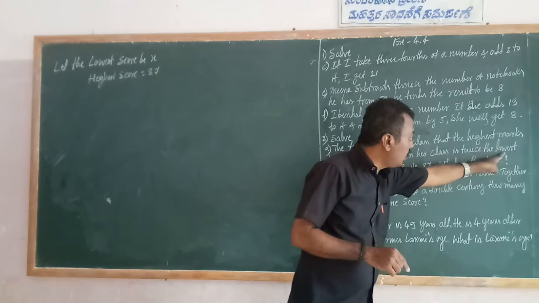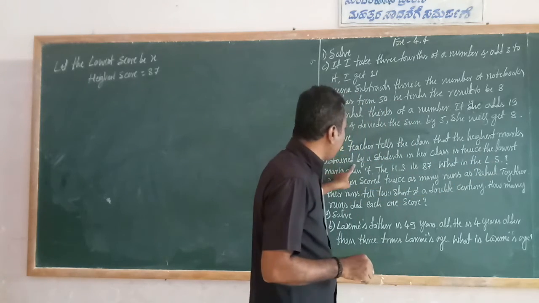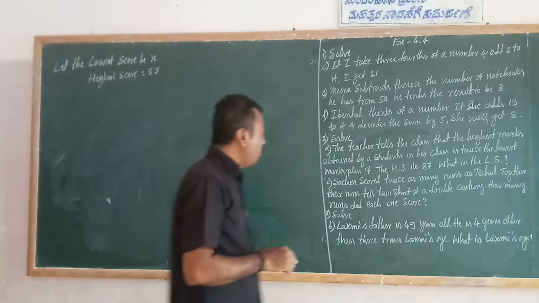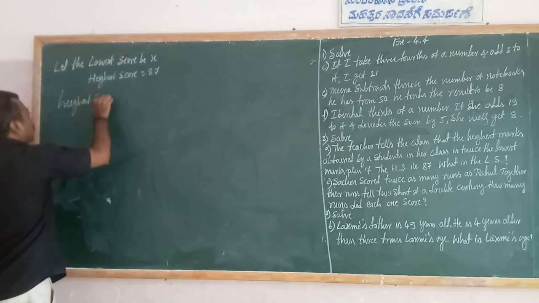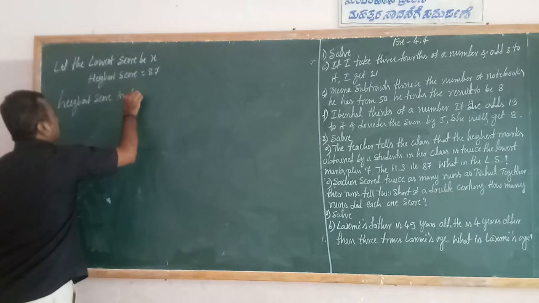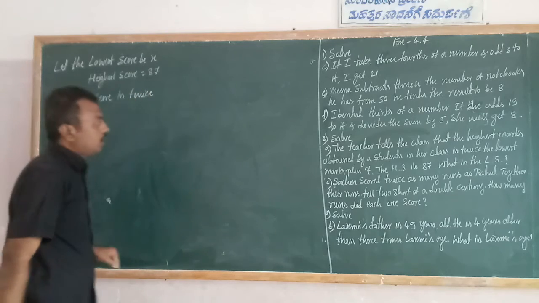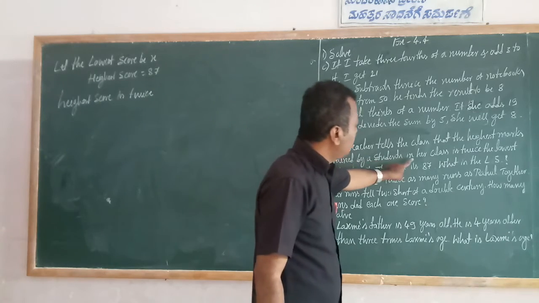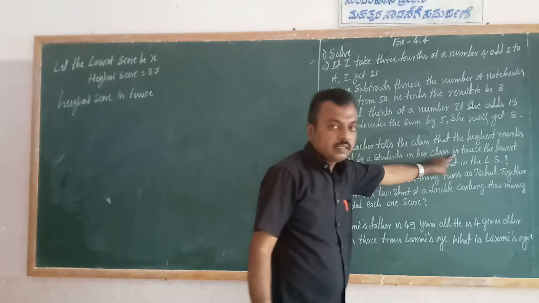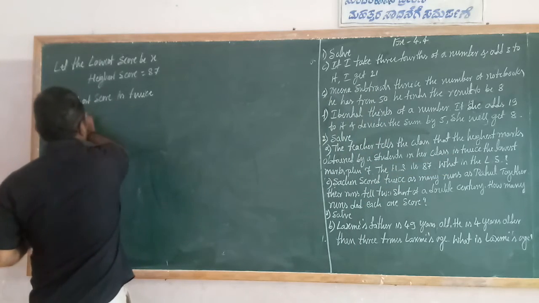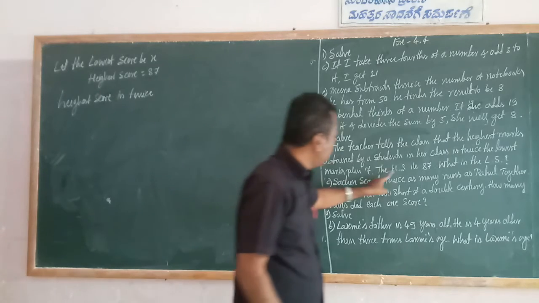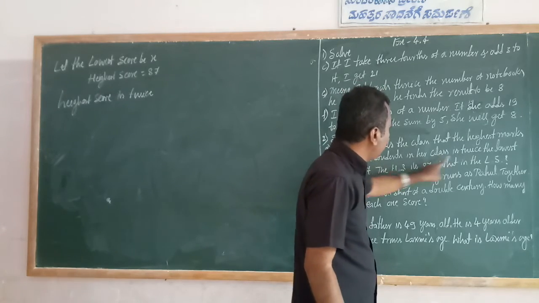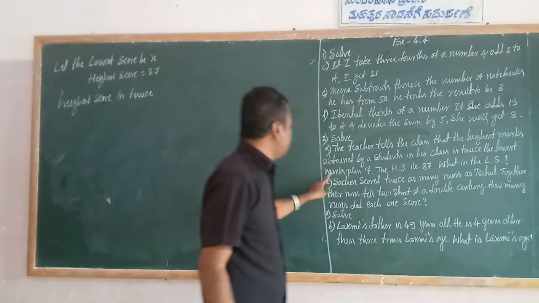The highest score obtained by a student is twice the lowest marks.